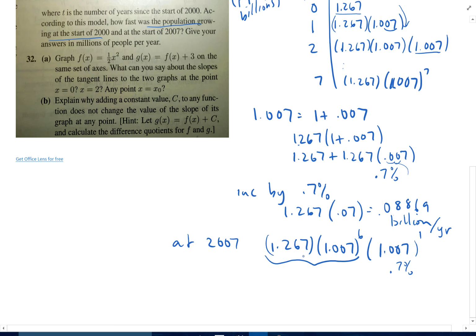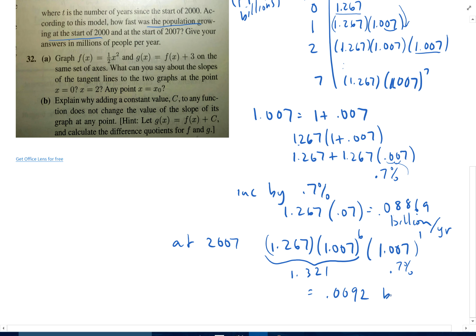Well, this number here is 1.267 times 1.007 seven times, which is 1.321. And if I multiply by 0.7%, I just looked at my calculator and saw that I made a mistake earlier. And you're probably going, dude, you made a mistake. What a knucklehead. Sorry.